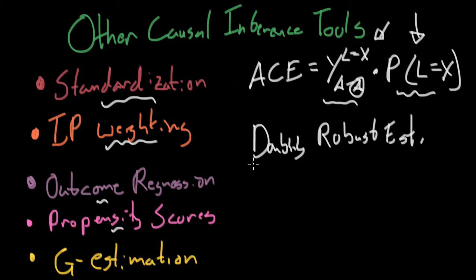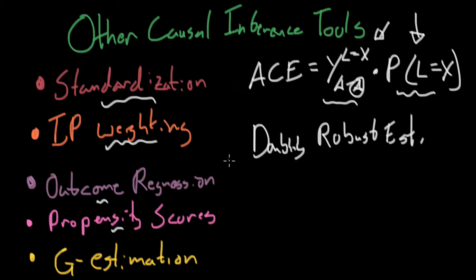Okay, finally onto a very brief description of the rest of them. So outcome regression and propensity scores, these are probably the most common tools that most people use in causal inference. That being said, there's a little bit more theory behind them, so you need to be a little bit more theoretically adept and mathy adept in order to get them. In addition, they don't as naturally transfer over to longitudinal data, so they get a little bit harder once we make that switch.